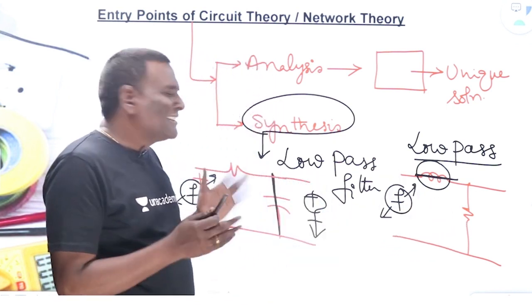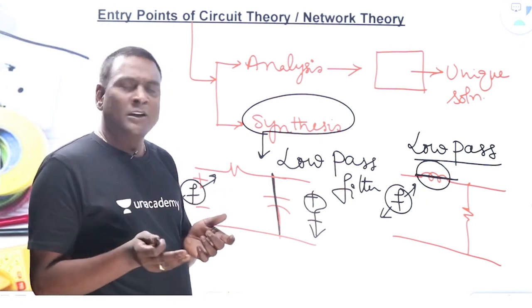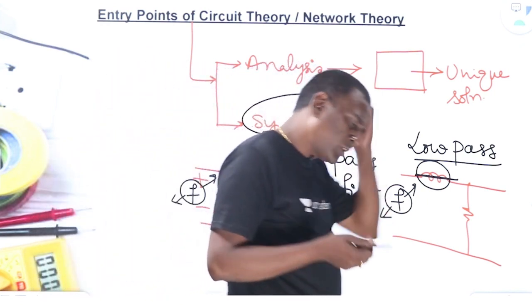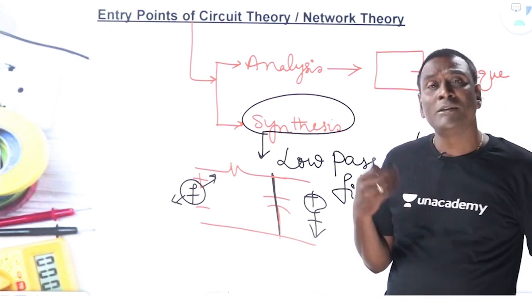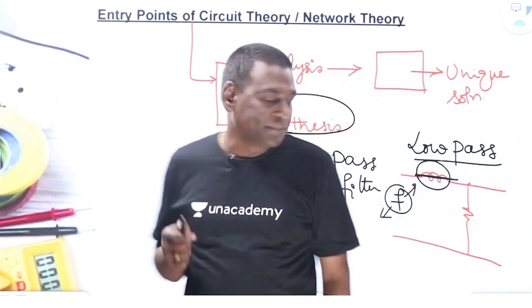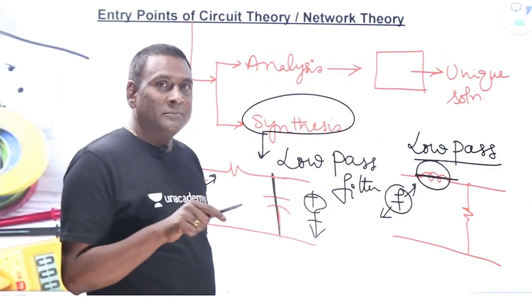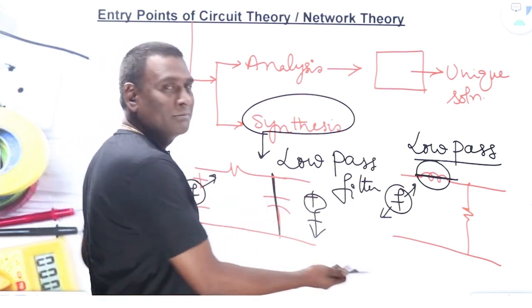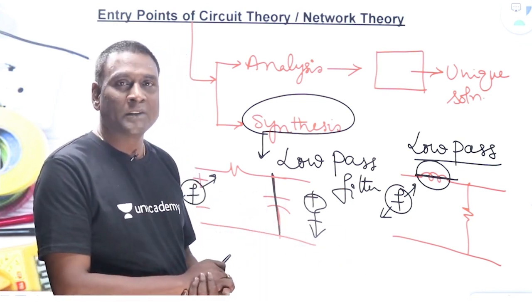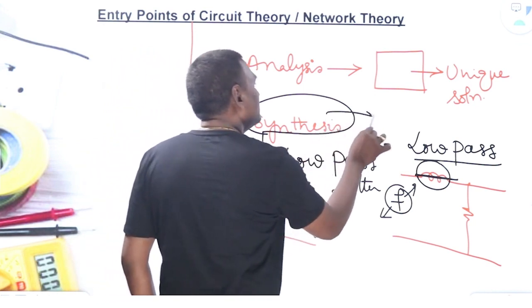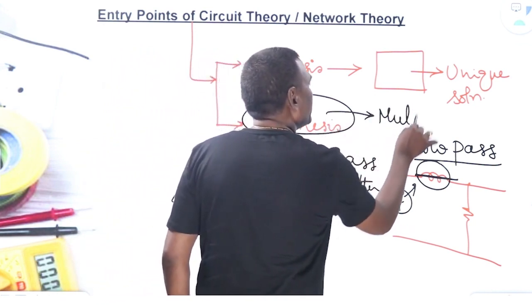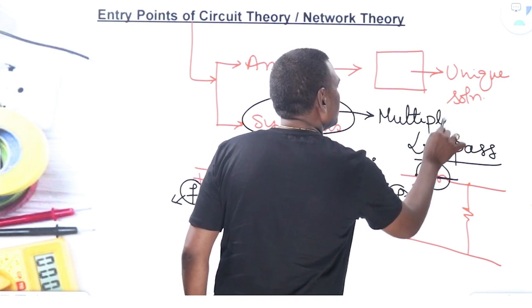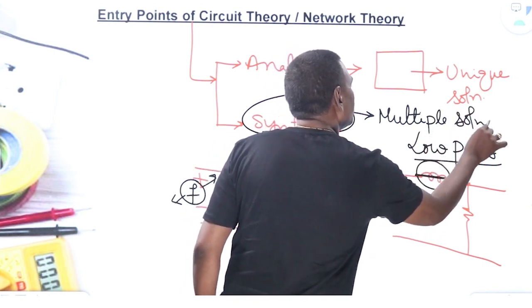Now, that's why for synthesis, of course, there are some forms, Foster form, Cauer form. When I attempted ESE, those courses used to be there. In ESE, that too in descriptive only, because a unique solution is not possible. Here for synthesis, multiple solutions will be there.